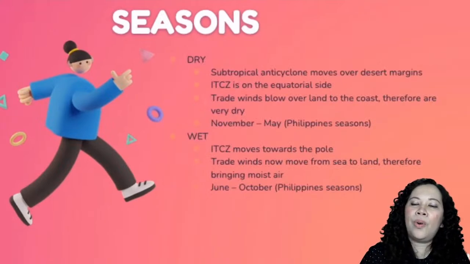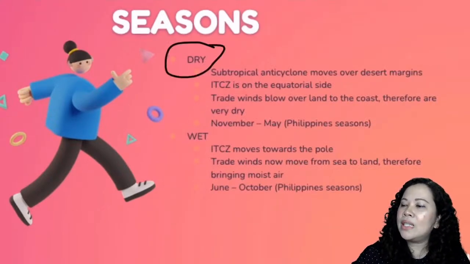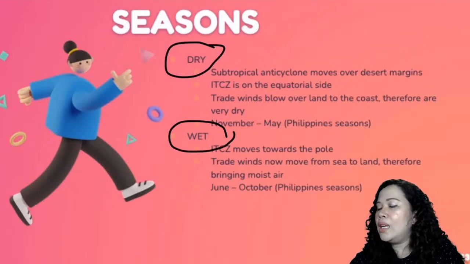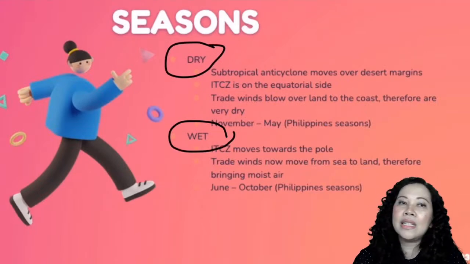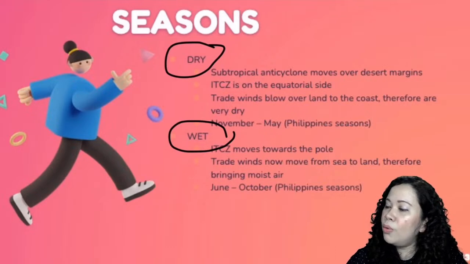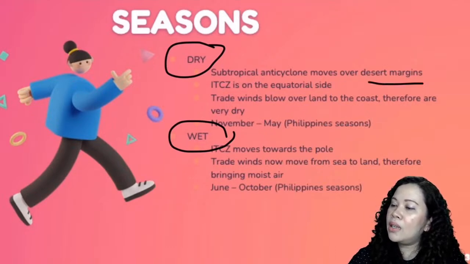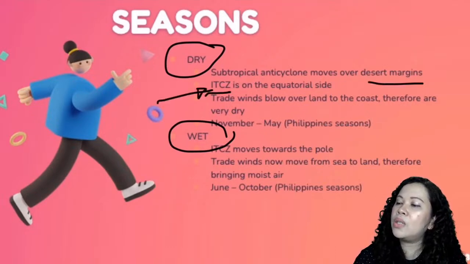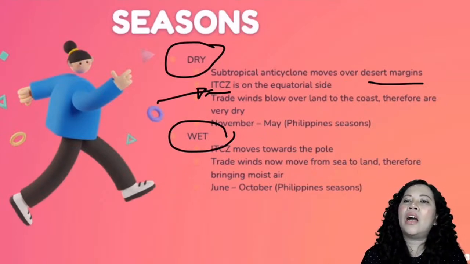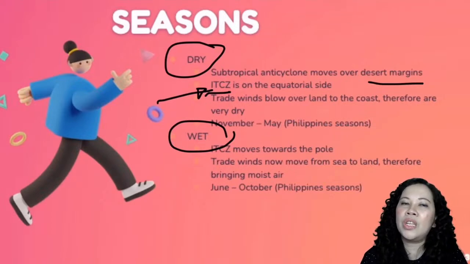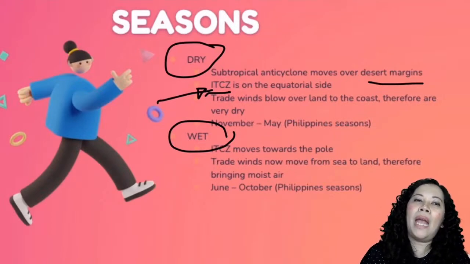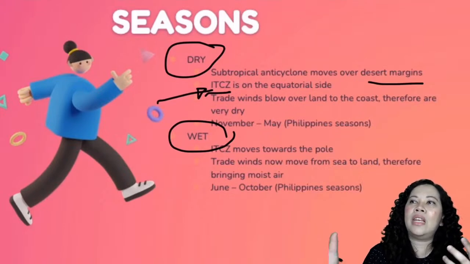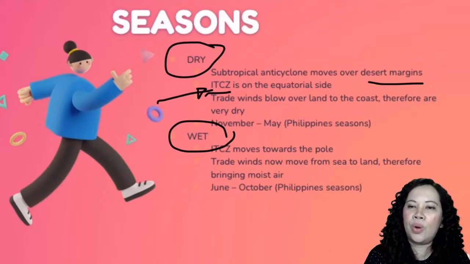and of course for Philippines and even for Malaysia, we have dry and wet season. So dry is a subtropical anticyclone, moves over desert margin. I think you will always hear this word ITCZ in our weather forecast. ITCZ means Intertropical Convergence Zone. This is the band of clouds consisting of occasional thunderstorm.